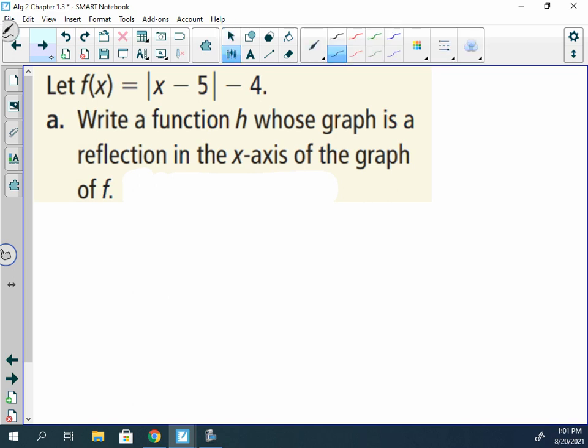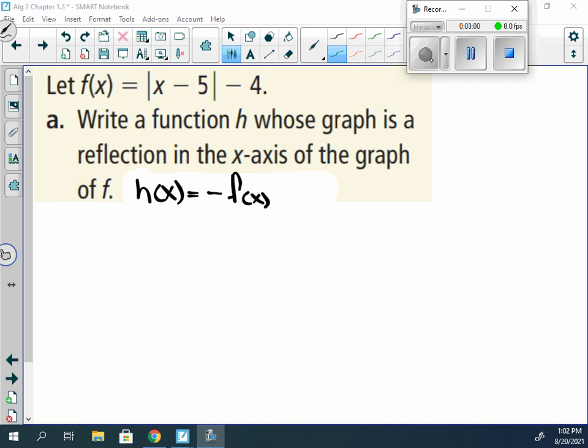So when we look at this here with the reflections, when we reflect it across the x-axis, we are going to be using h of x is equal to negative f of x, because the reflection across the x-axis is y equals negative f of x.